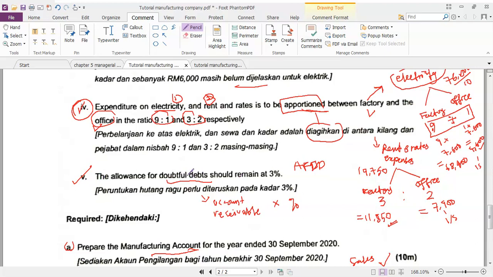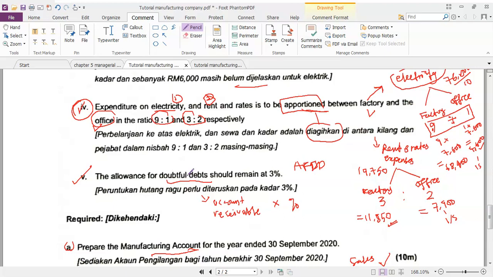If you look at question number 5, allowance for doubtful debt means: how much is our account receivable? The account receivable is the person outside the company that owes your company. Orang luar berhutang duit kepada syarikat kamu. So do you assume all of the account receivable will pay their debts?